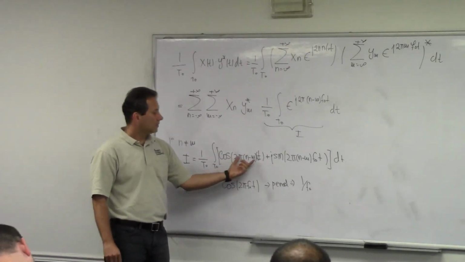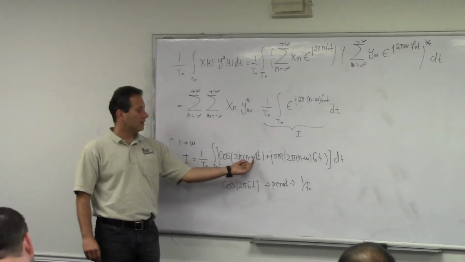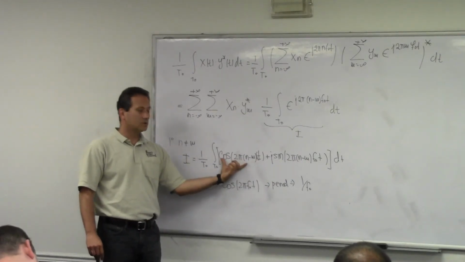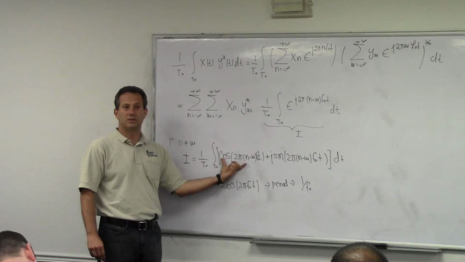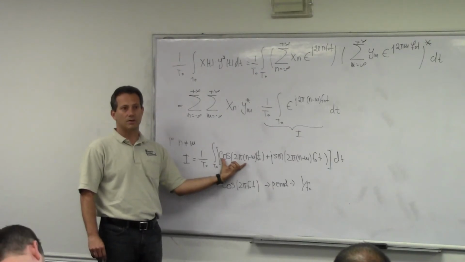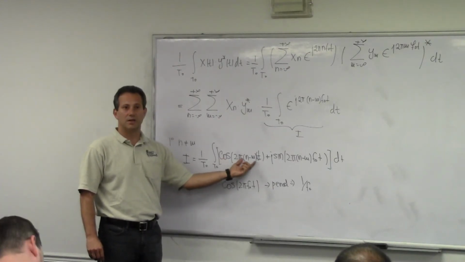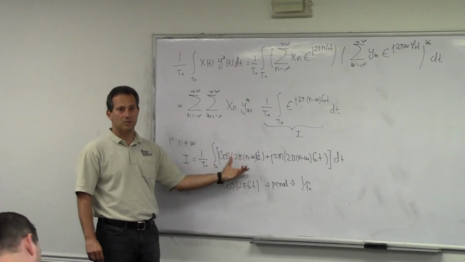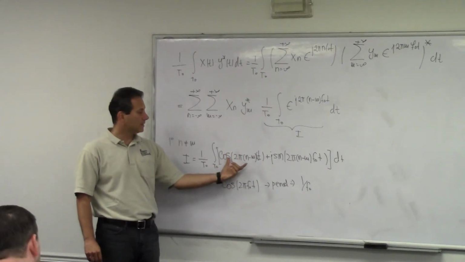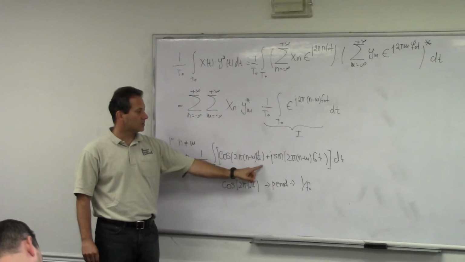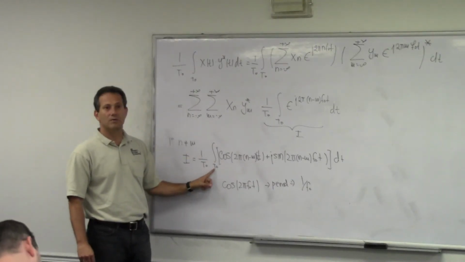So if you look at what I have here, I have a cosine that has a period at most T0. It can be smaller than T0. If n minus m is greater than 1, then the period is smaller than T0. But whatever may be the case, I'm integrating the cosine over an integer number of its periods.